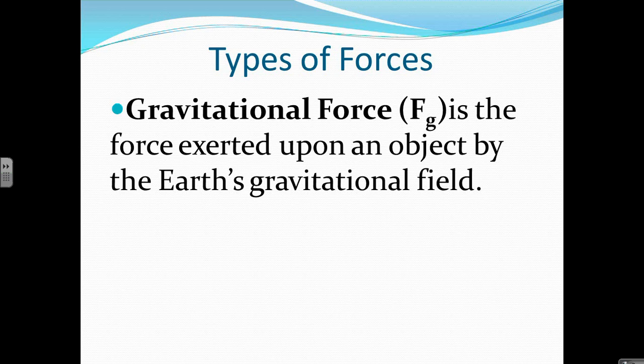So let's talk about a few basic types of forces, and we're going to refer to these forces as we go on. The first one is gravitational force. That is the force that's exerted upon an object by Earth's gravitational field. Please note this could be a gravitational force from other bodies besides Earth.